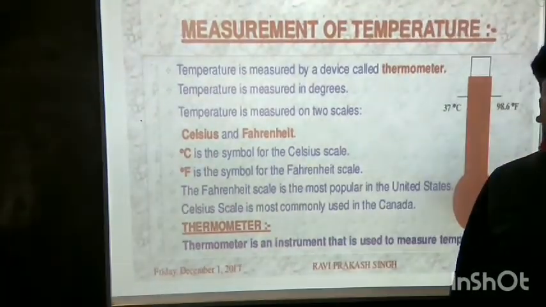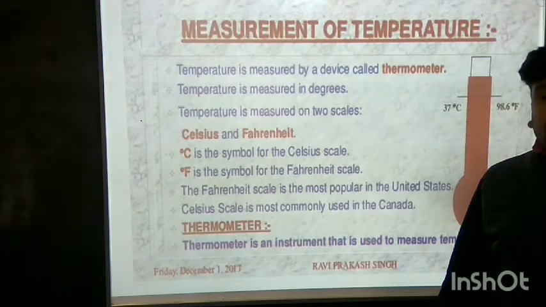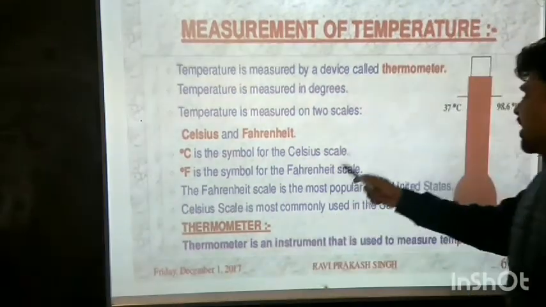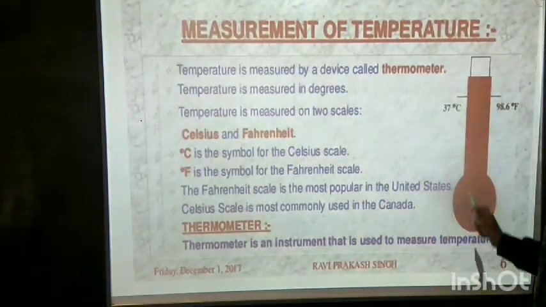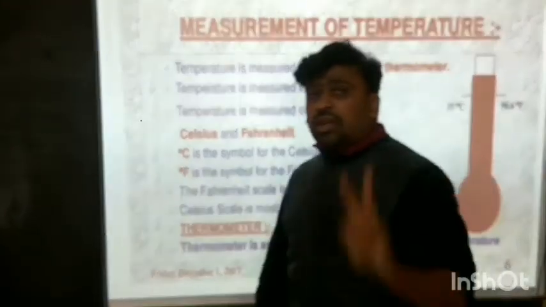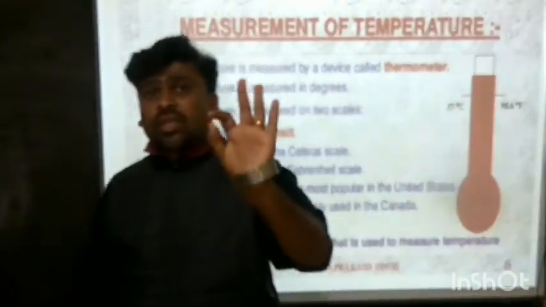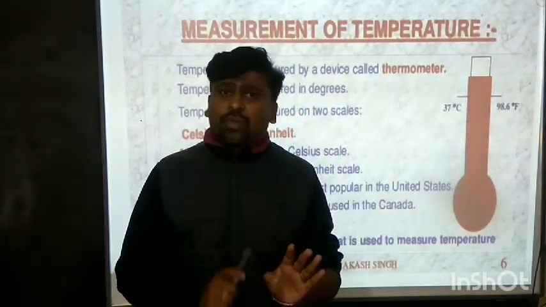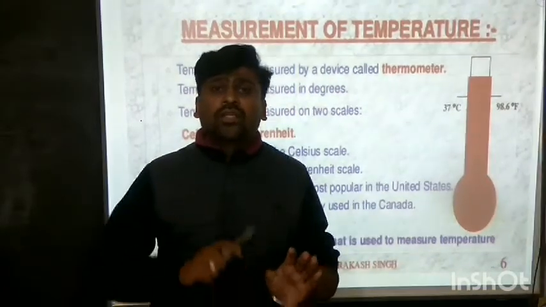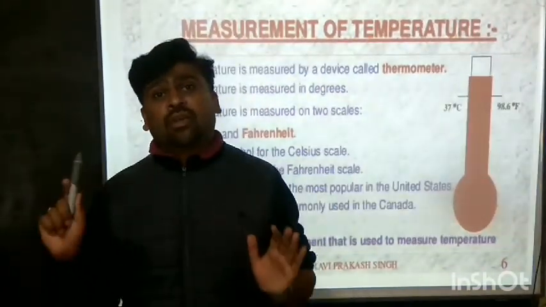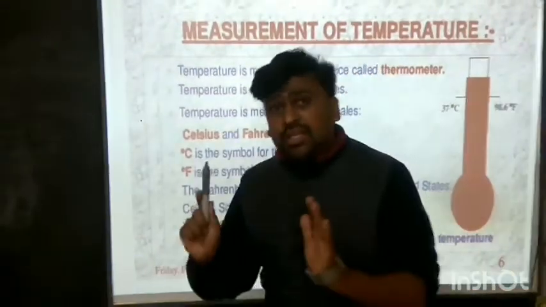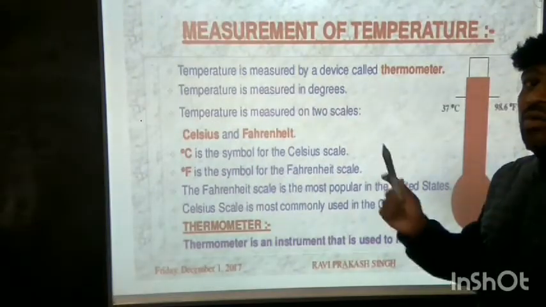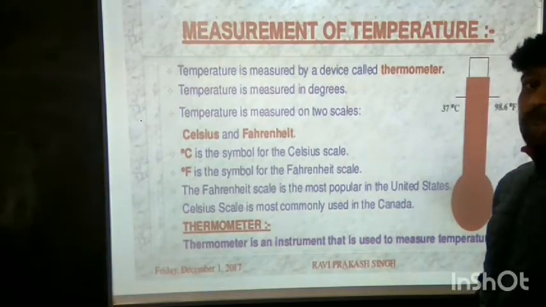Regarding the thermometer, you already know that using this thermometer we can easily measure the temperature. Thermometer is an instrument that is used to measure the temperature. Clear? Two things: one is temperature, another is thermometer. Temperature is a measure of hotness or coldness of the object.